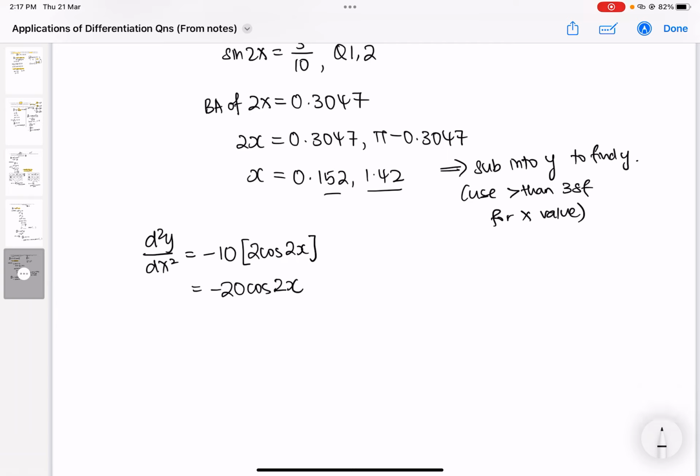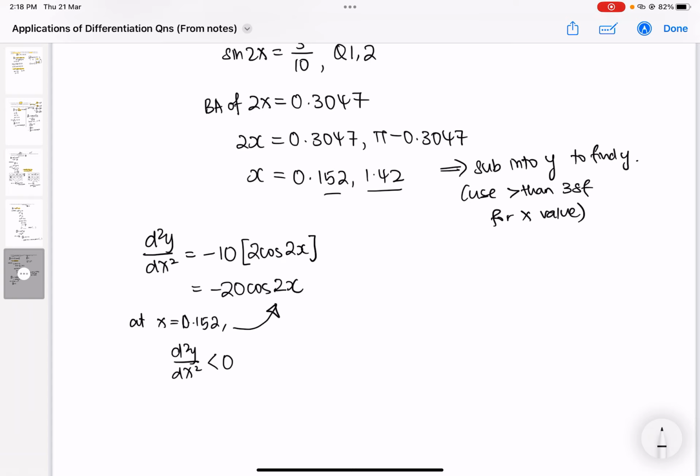So to find the nature of the stationary points, we will need to sub in the x values of the stationary point into the second derivative. So for x equals 0.152, the second derivative is negative. So I basically substitute this here and I got a negative value.